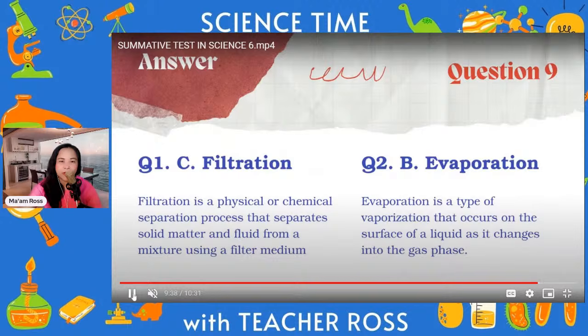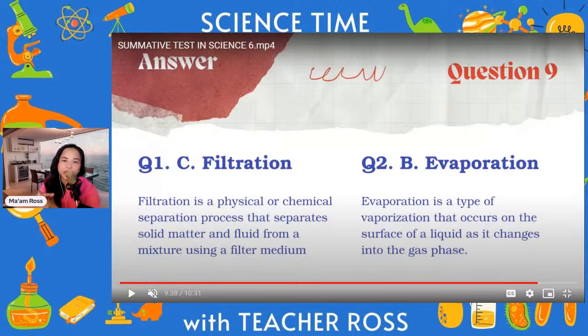Question number 1. Filtration. The correct answer is letter C. Filtration, because filtration is a physical or chemical separation process that separates solid matter and fluid from a mixture using a filter medium.